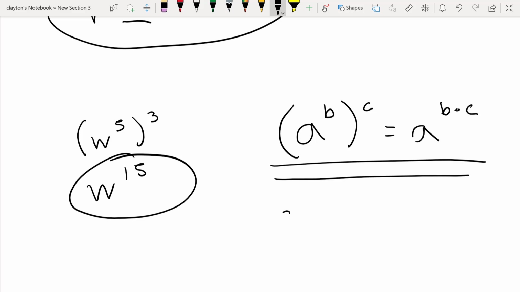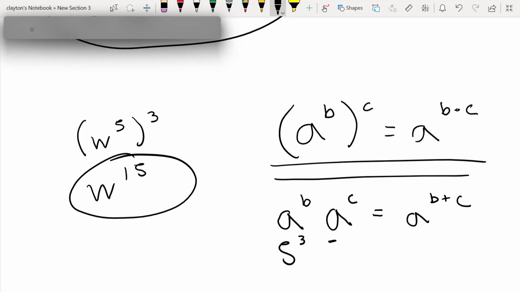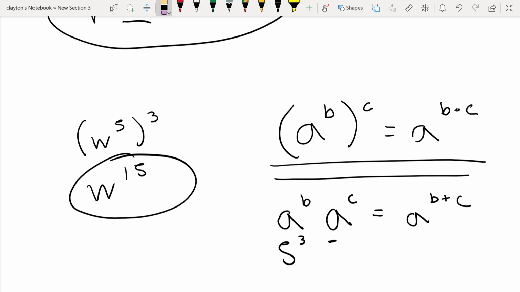The other rule that you could see here, it's not in this problem, I believe, but if you have something that looks like this, right, an a to the b times an a to the c, you have a to the b plus c. So let's use the w's, since that's what they have.